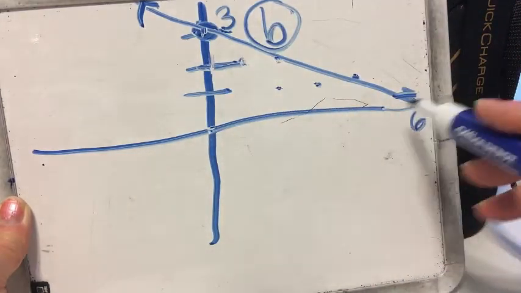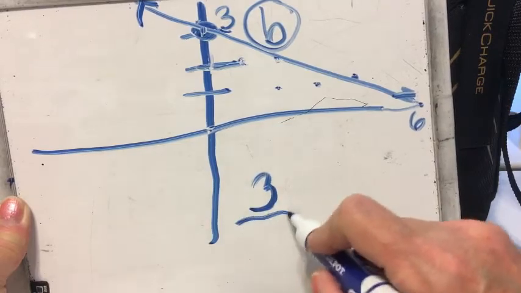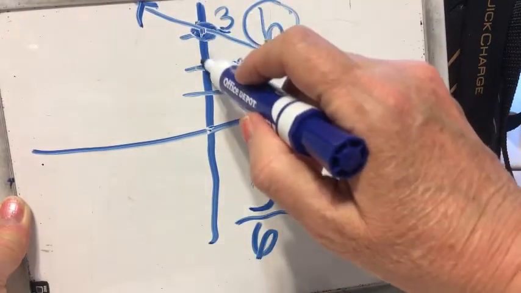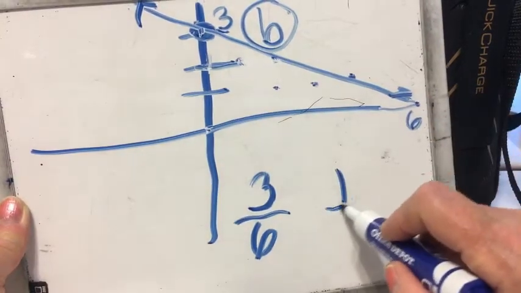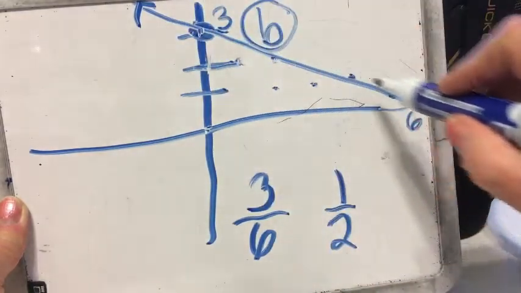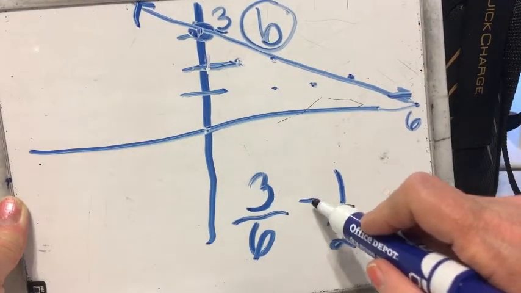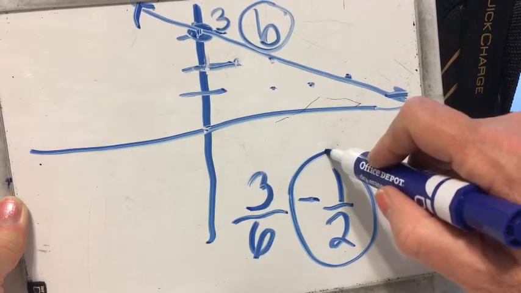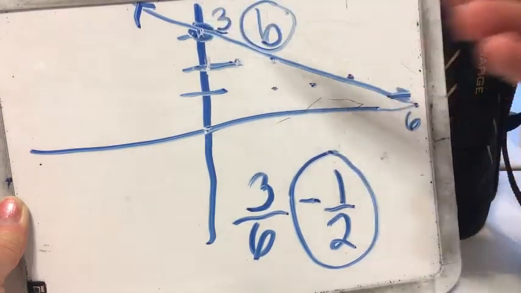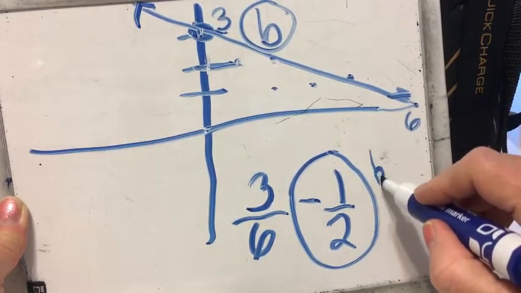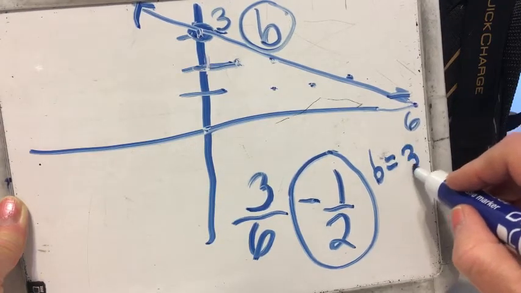Rise over run. So 3, 6 is the same as 1 over 2, isn't it? And it's going downward, so it's negative. So this is our slope. And then our y-intercept is 3, so we say b equals 3.